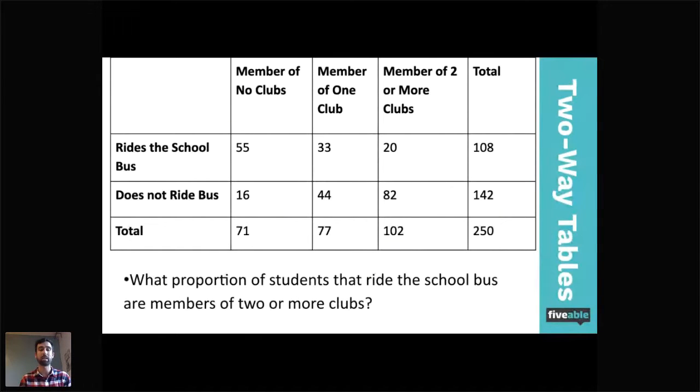Again, we could break down how many clubs you're in without even looking at how you get to school. So the members of no clubs, there are 71 students who are members of no clubs. There are 77 students who are members of one club, and so on. And we can see our total, right? We have 250 kids that we surveyed or that we sampled.